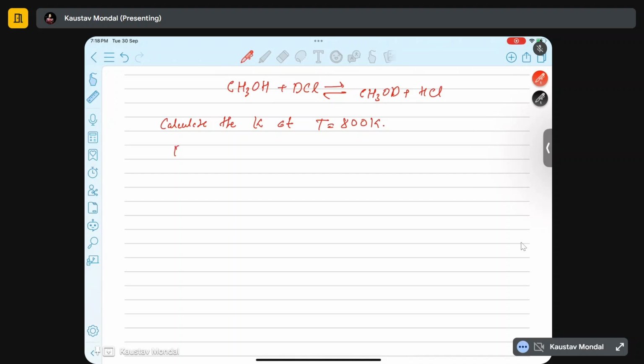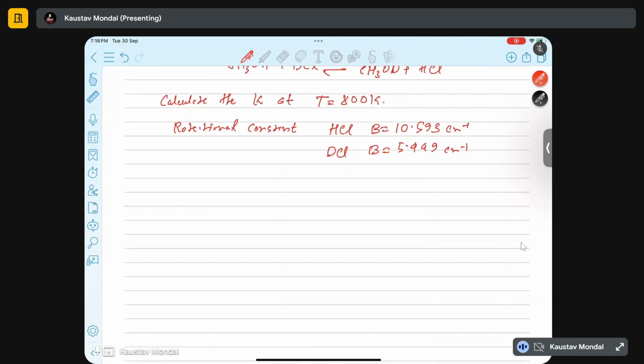So rotational constant. For HCl, B equal to 10.593. DCl, it's B equal to 5.449 centimeter inverse.